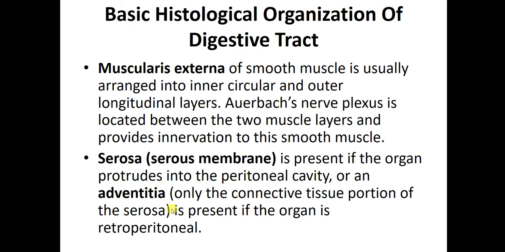Serosa and adventitia are responsible for the spreading of blood vessels, nerve supply, and lymph drainage. Somewhere in the depth of the adventitia there might be lymph nodes, which are responsible for the immune response in these organs.